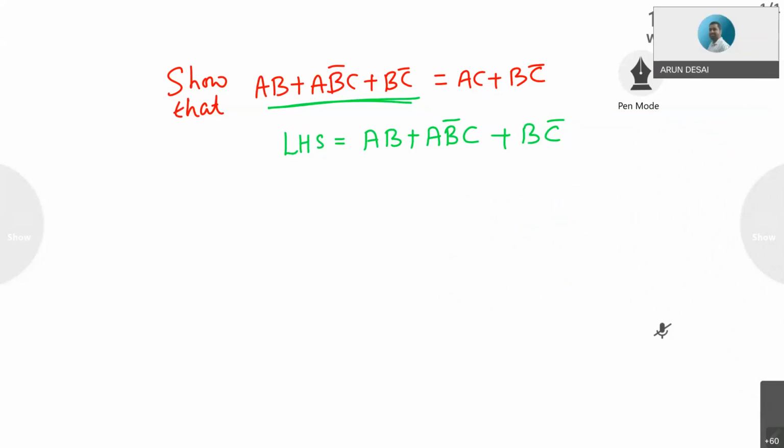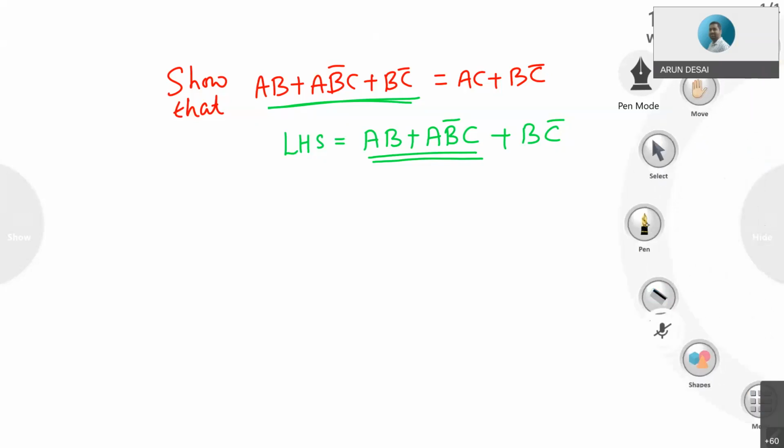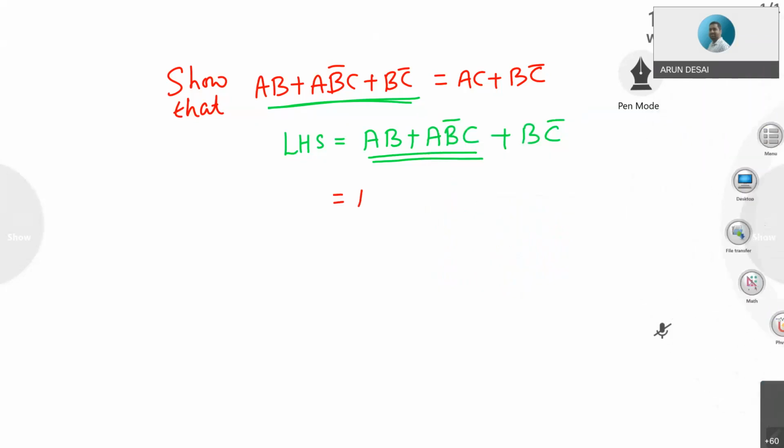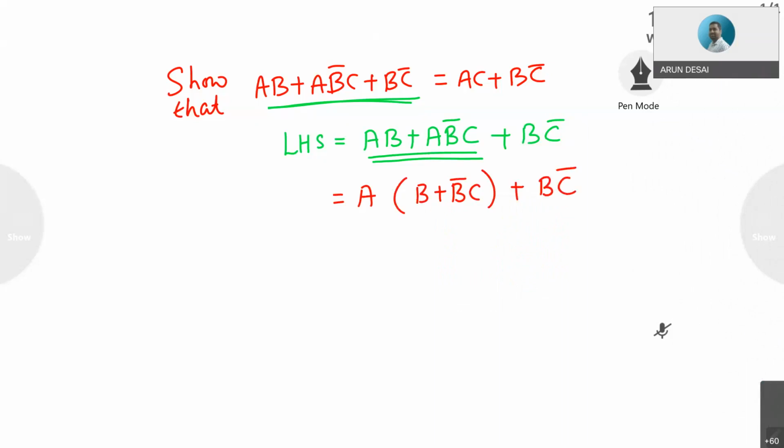How to solve this: there is something common in these terms. So keep that common factor out of the expression, and the expression is like A into B plus B complement C, plus B C complement, right?